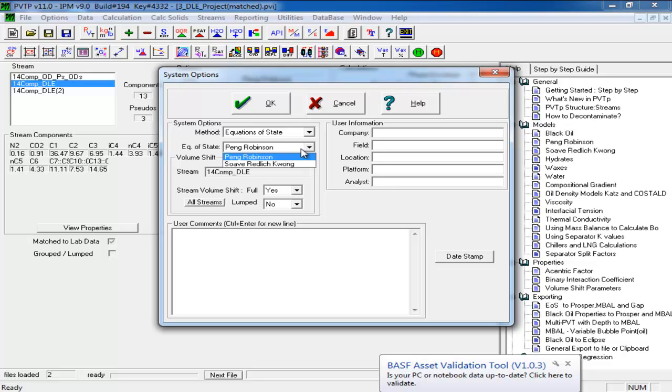You need to divide the reservoir. In this part, you will use CCE, and in this part, you will describe the oil properties by DLE. Because we are above the bubble point pressure here, that's why we use this part.